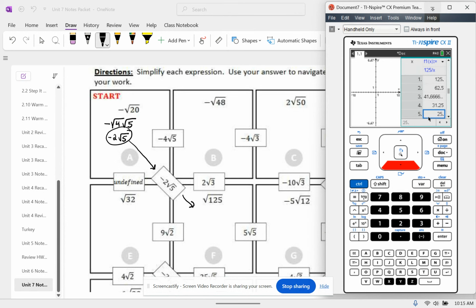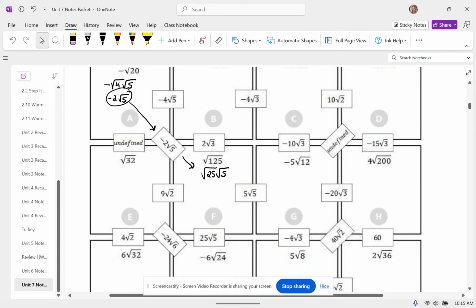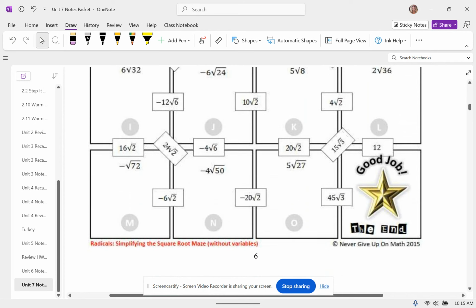Ooh, 25. 5 rad 25. So I put the perfect square first. I put the irrational number second. The square root of 25 is 5, rad 5. This is the next one I'm looking for, so right over here. So now I'm in this box, okay? So you're going to keep going until you get to the end. All right, good luck.